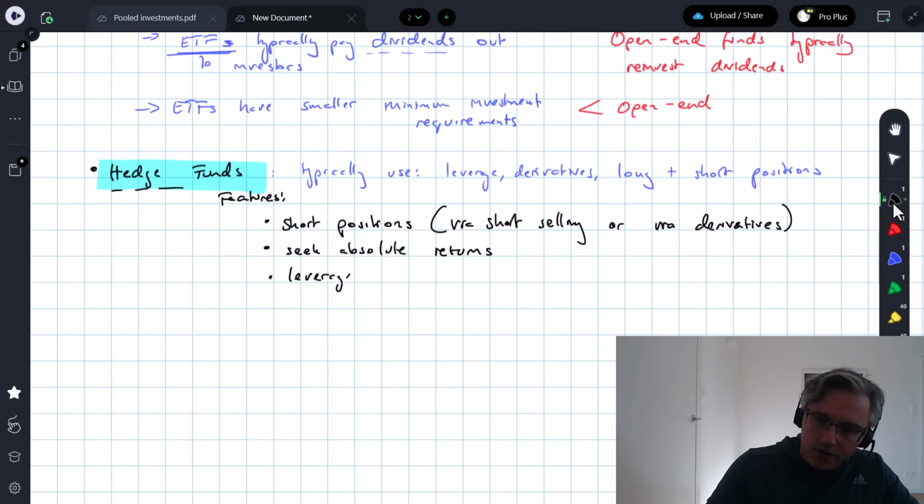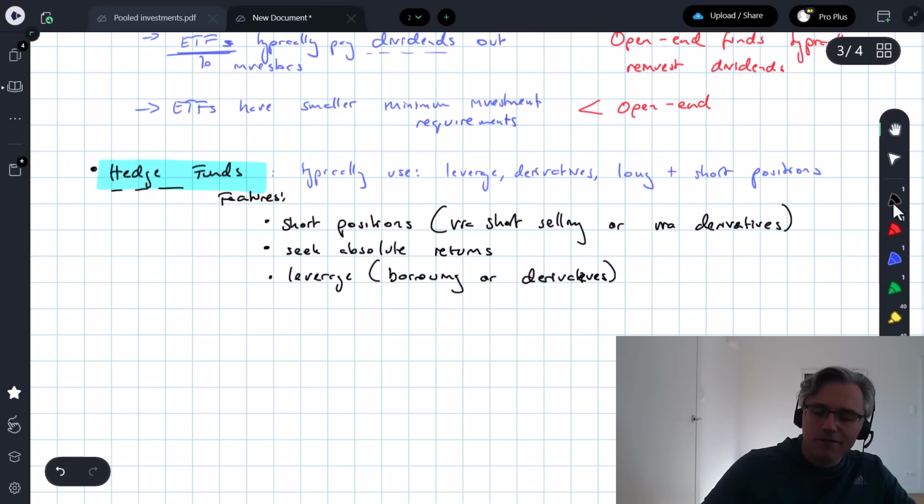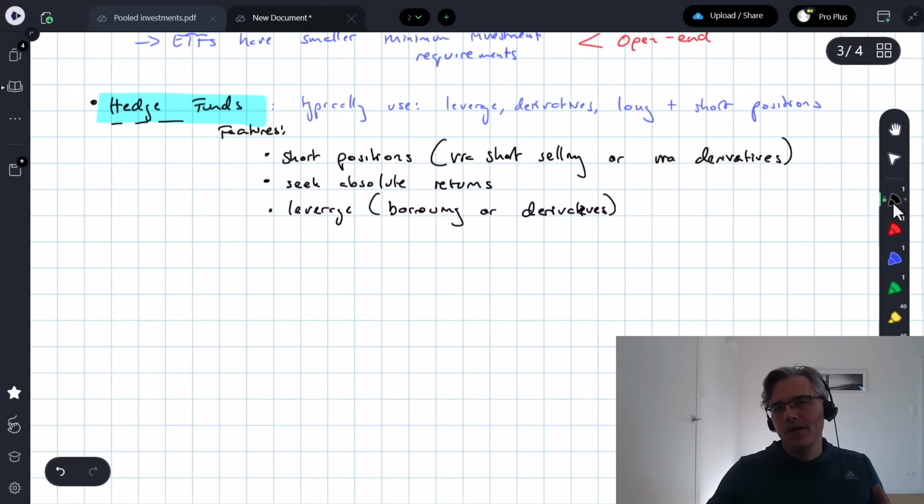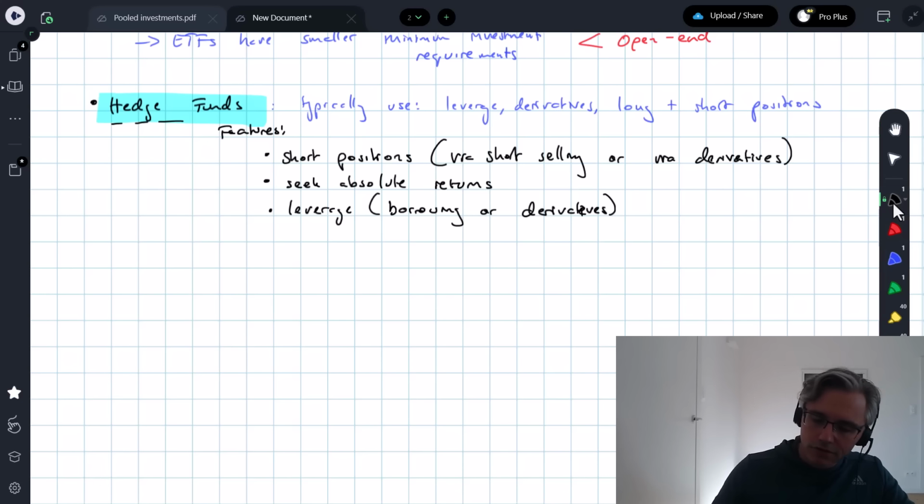Leverage, right? This is either achieved via borrowing or via derivatives, but basically it means that we are playing in hedge funds on a scale bigger than the size of the investment that we've got from our capital investors.